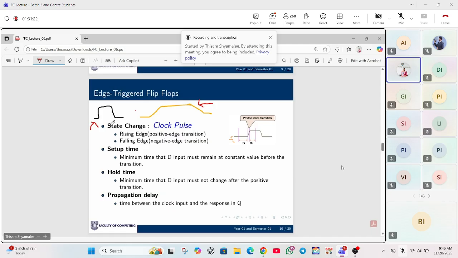Both are correct. I just want to say that in the real case, any signal doesn't get a sudden increase like this. This is the sudden increase, and this one is the sudden decrease. But in the real case, a signal doesn't get a sudden increase or decrease.